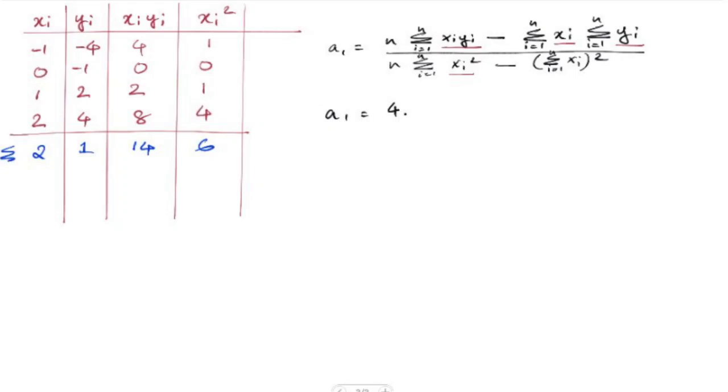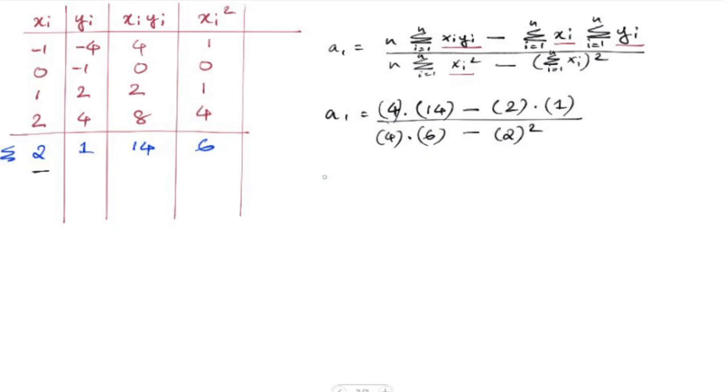So we have 4 times the summation of xi yi, which is 14 from here, minus the summation of xi, which is 2, times the summation of yi, which is 1, divided by n, which is 4, times the summation of xi squared, which is 6, minus the summation of xi, which is 2 here, squared, right?